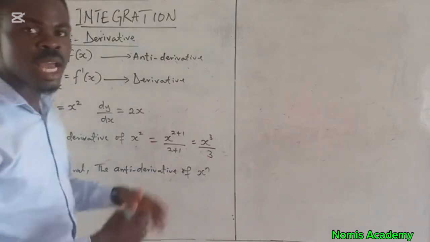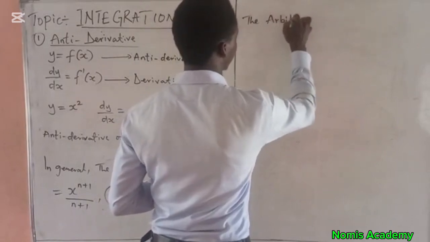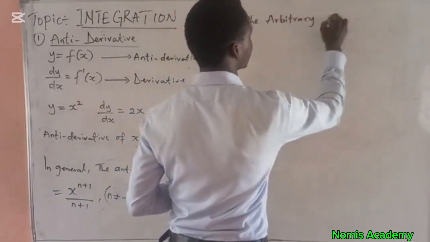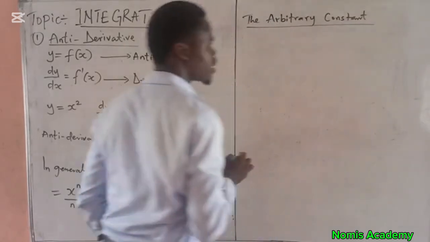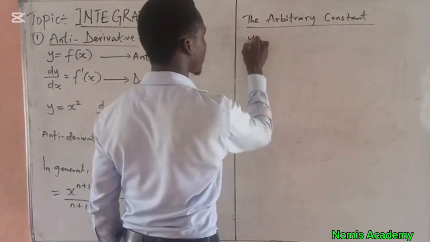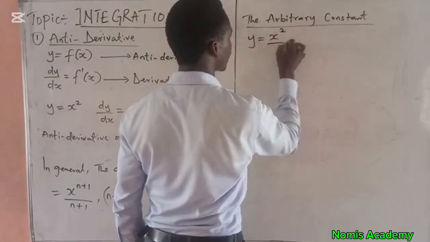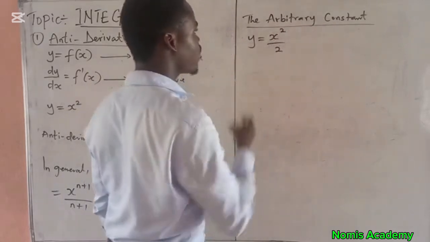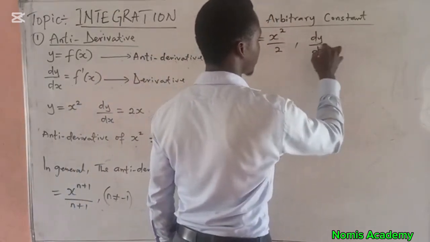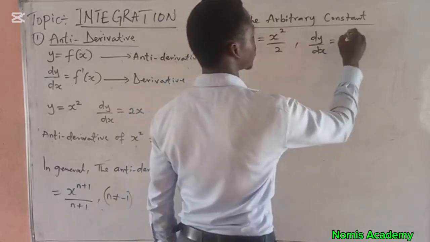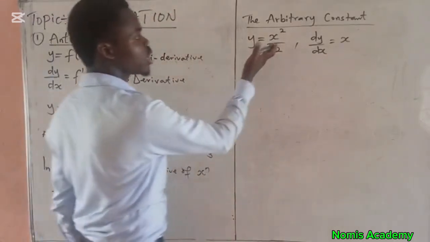Now let's talk about the arbitrary constants. Supposing you have y equal to x squared over 2. The dy over dx of this function is x.